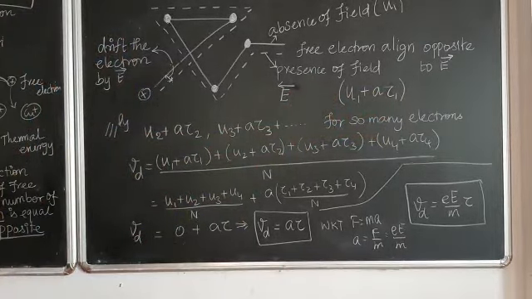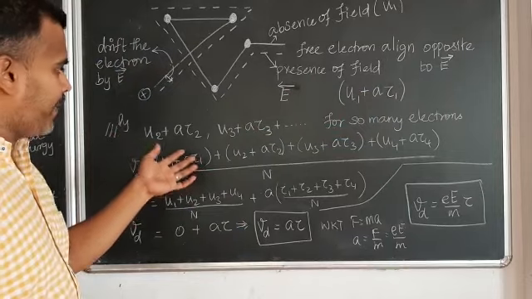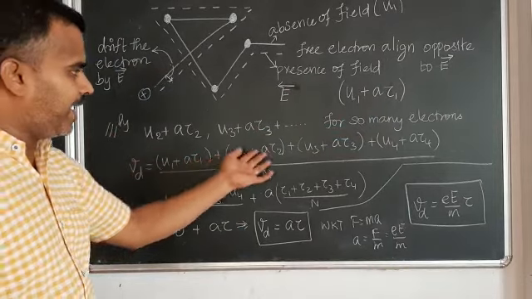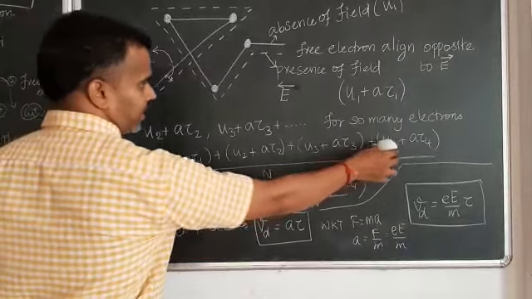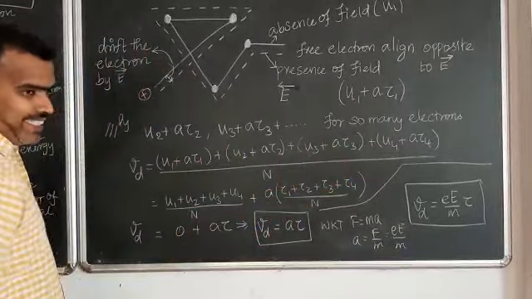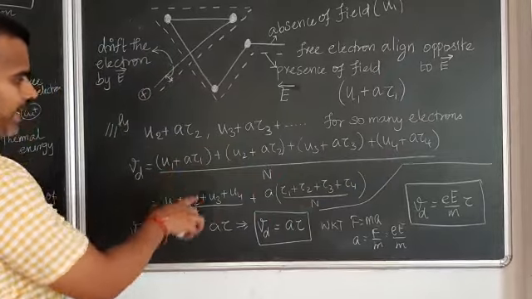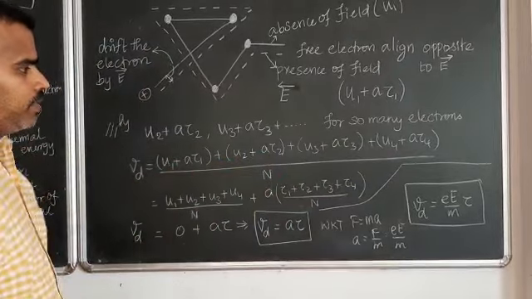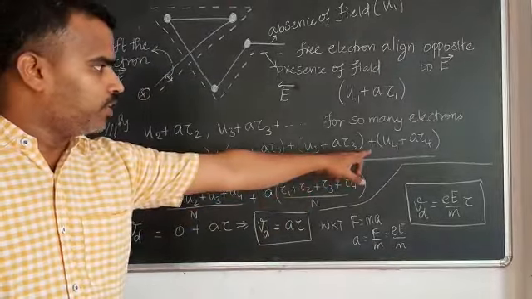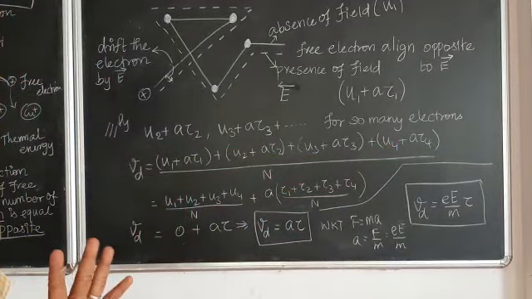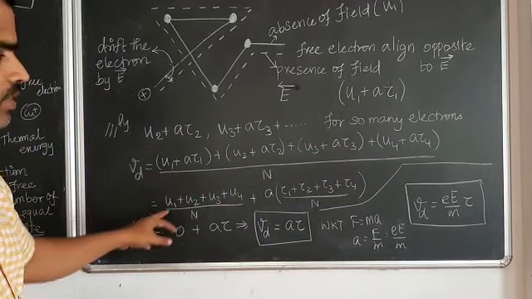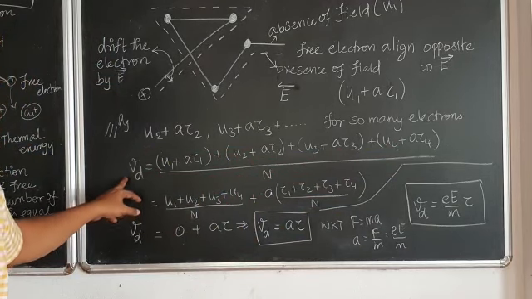Similarly, here I consider 4 copper ions and note down their velocities: u1 plus a tau 1, plus u2 plus a tau 2, plus u3 plus a tau 3, plus u4 plus a tau 4, whole divided by n. Here I have taken n as 4. That is the average value.